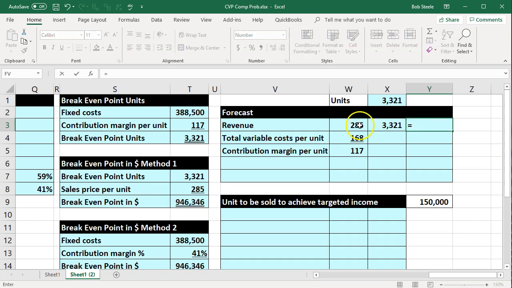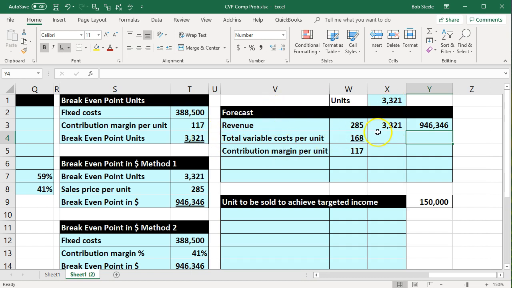Therefore, the amount per unit times this 3,321 is going to give us our revenue, 946,346. That's our sales amount. That, of course, matches the break-even point in revenue in dollars.